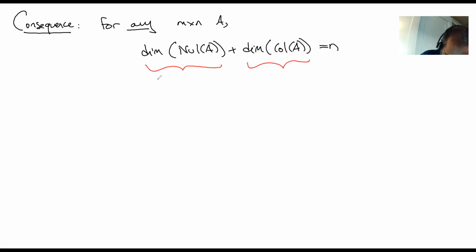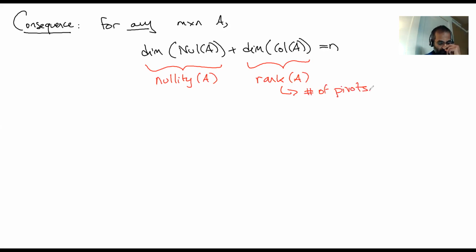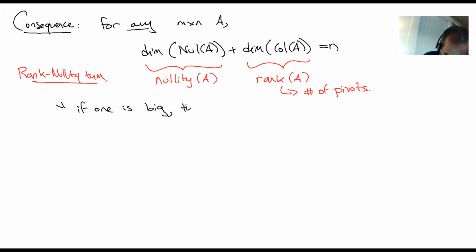These numbers have names: this is called the nullity of A, and this is called the rank of A. The rank is just the number of pivots. What the theorem says is that these subspaces have a very close relationship: if one of them is big, the other one has to be small, because the sum is always equal to n. So if one is big, the other must be small, and vice versa.